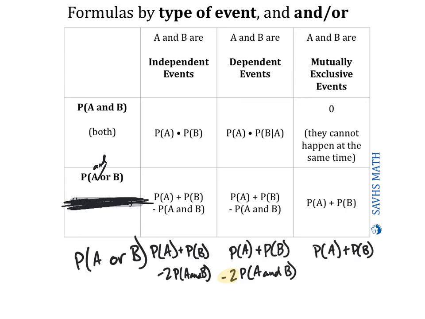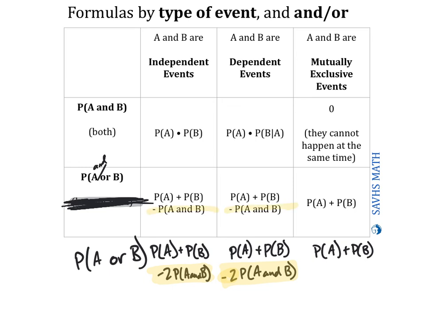Really what we're doing is taking out what's called the intersection twice. So the part that represents the people who are in both categories, we just remove them twice because we don't want to count them either time. So that's the difference between this formula and this formula.